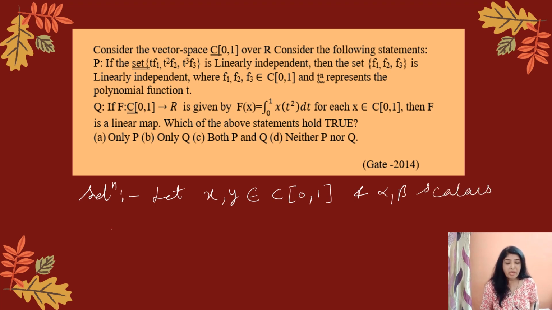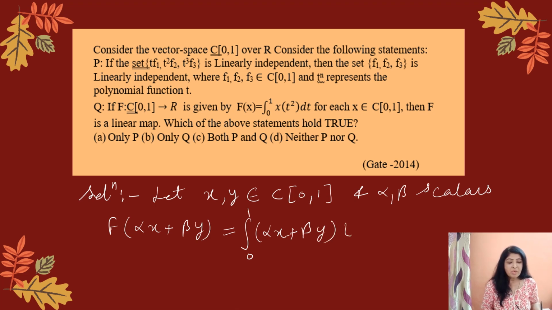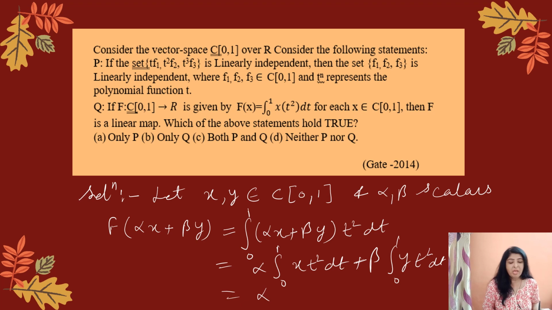So f of alpha x plus beta y is equal to integration 0 to 1 of (alpha x plus beta y) t square dt, which is equal to alpha times integration 0 to 1 of x t square dt plus beta times integration 0 to 1 of y t square dt, which is equal to alpha f(x) plus beta f(y).